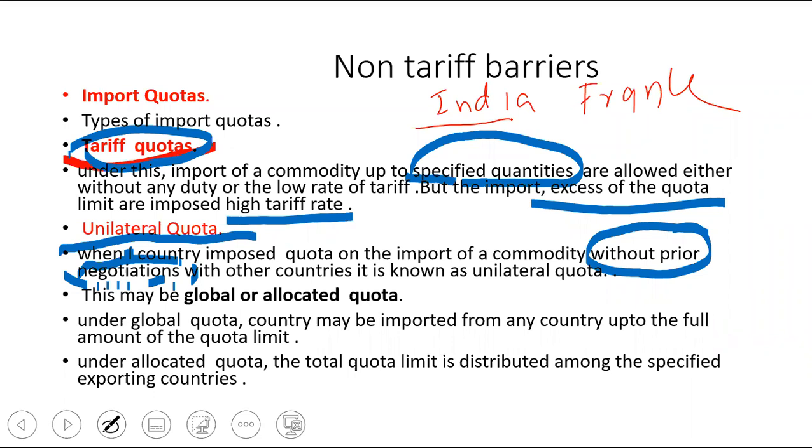Please remember. There are two types of quota: global quota and allocated quota. What is global quota? Under global quota, country may be imported from any country up to the full amount of quota limit.